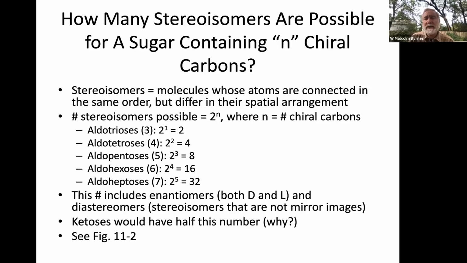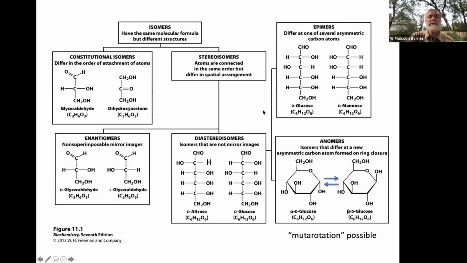So the number that you see in nature is 8. We're going to take a look at that. You can also look, by the way, at figure 11, which describes this a little more in your textbook. Okay, so now let's unpack the meanings of these different terms to help us get a firmer grasp on what these different kinds of isomers are.